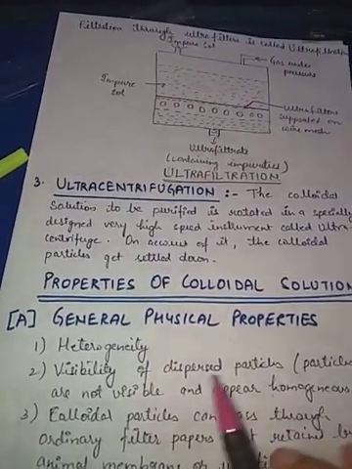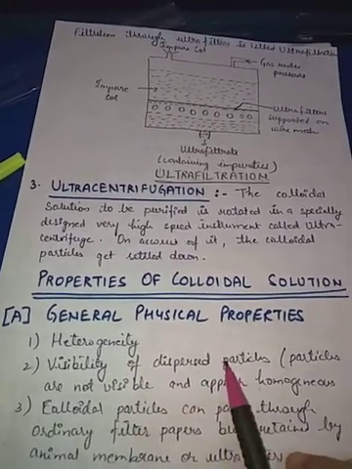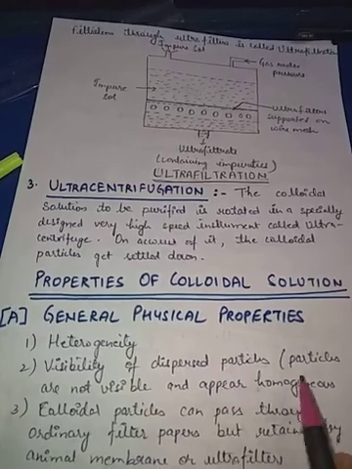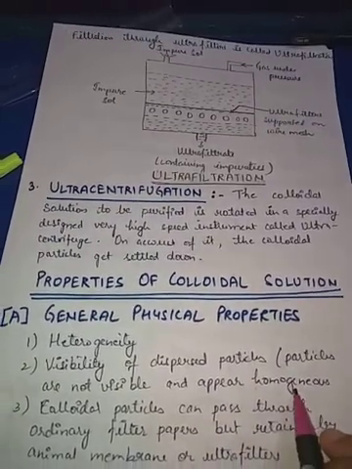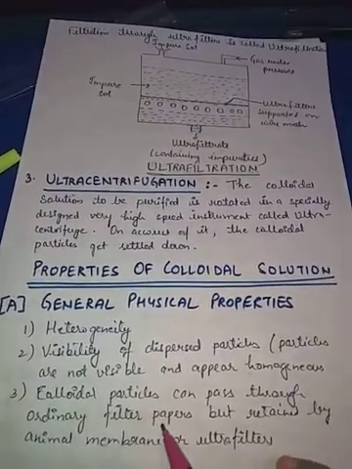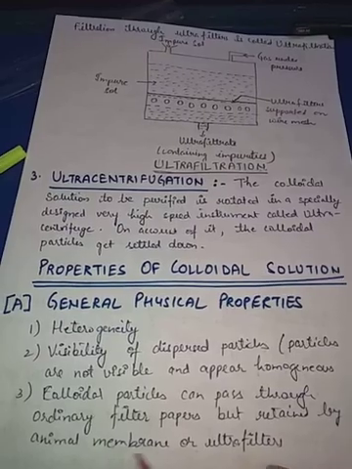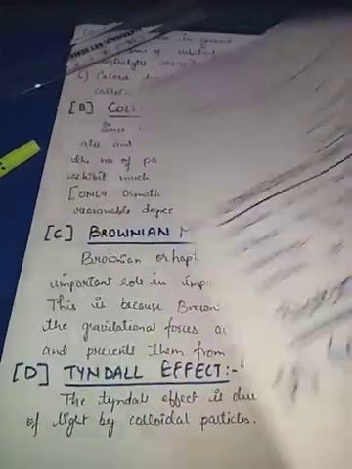The dispersed particles are not at all visible; they just appear homogeneous, but actually they are heterogeneous. Third, colloidal particles can pass through ordinary filter papers, but are retained by animal membranes or ultra filters.